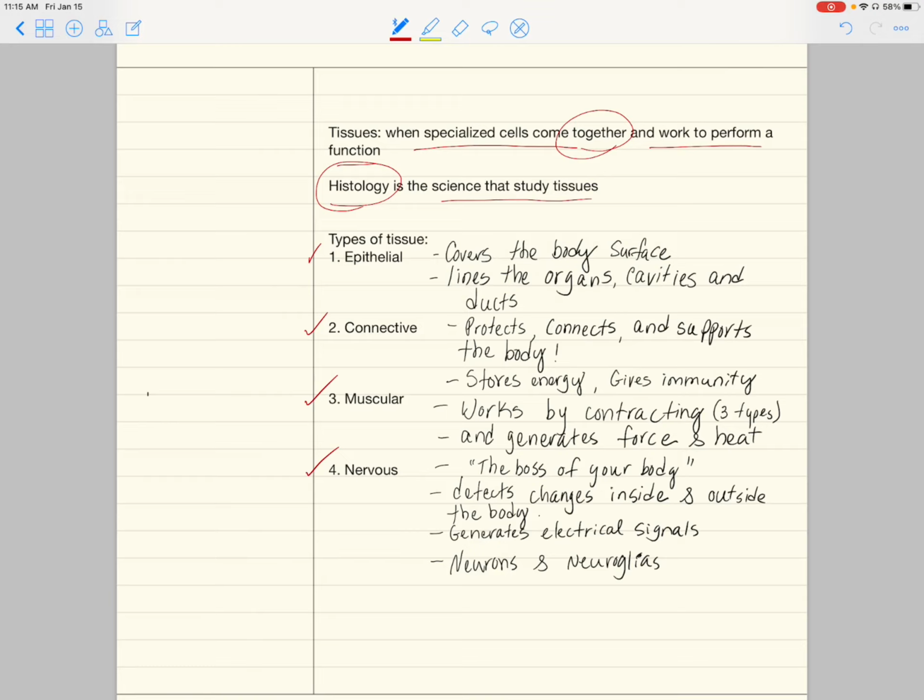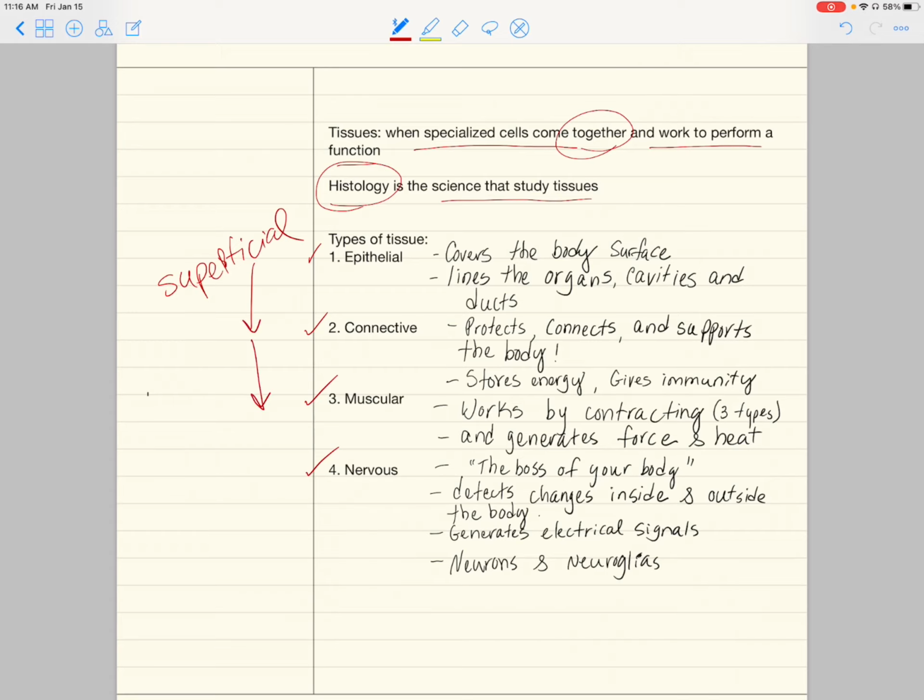As we study these tissues, you have to think of how deep they are versus how superficial they can be in relationship to the human body. For example, the epithelial tissues are the most superficial ones, followed by the connective tissue.